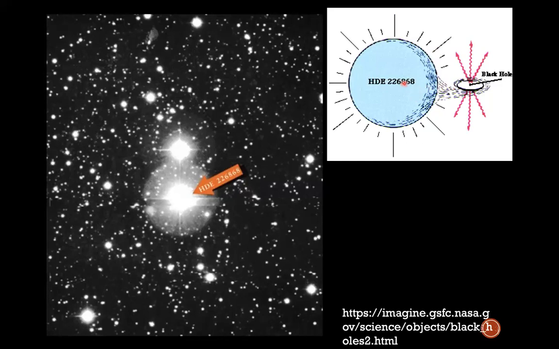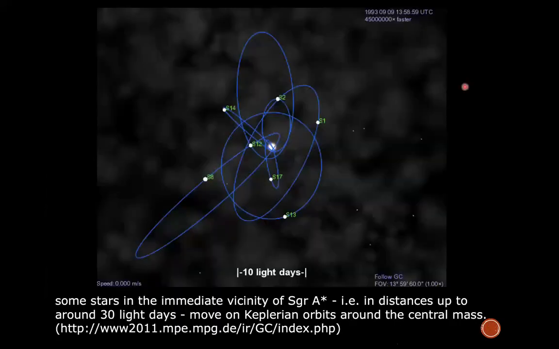There is a star, and all the material from this star is attracted by the black hole right here, and once it gets heated up it will emit these X-rays. So once you detect X-rays, you can conclude that there may be a black hole right here. So that is one way of detecting black holes.